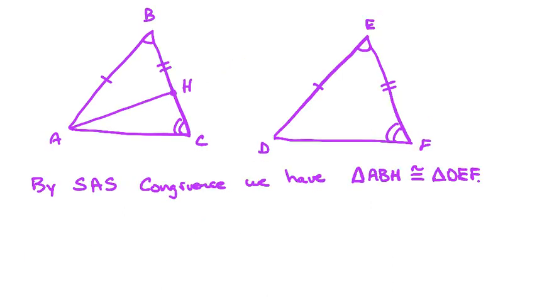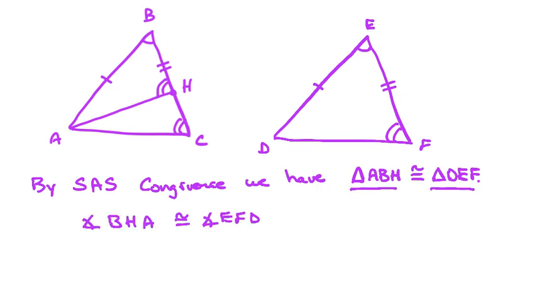And so by our side angle side congruence, we have that our triangle ABH is congruent to our triangle DEF. And so this gives us that our angle BHA is congruent to our angle EFD.